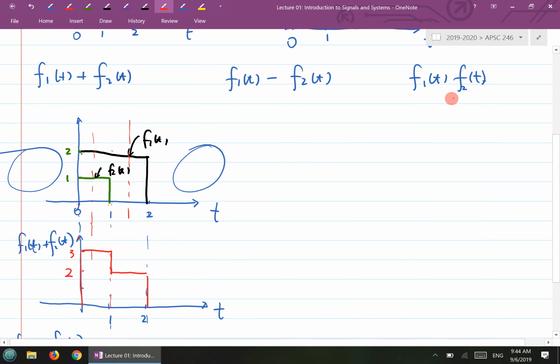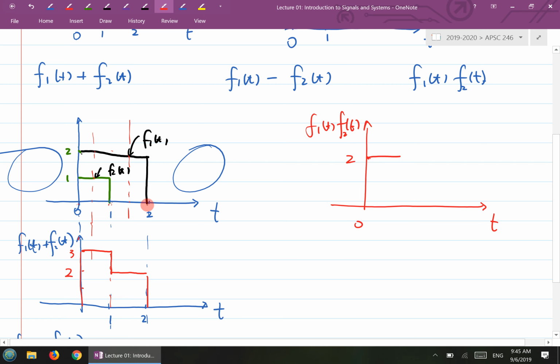What about f1 of t times f2 of t? Let's do it quickly. Between 0 and 1, what times what? 2 times 1, which is 2.